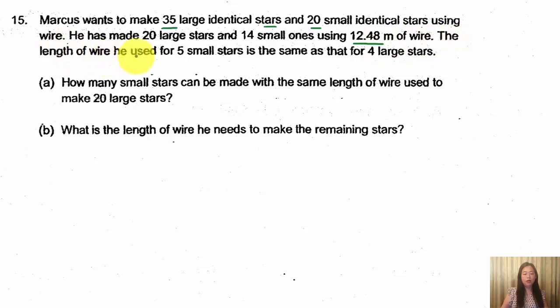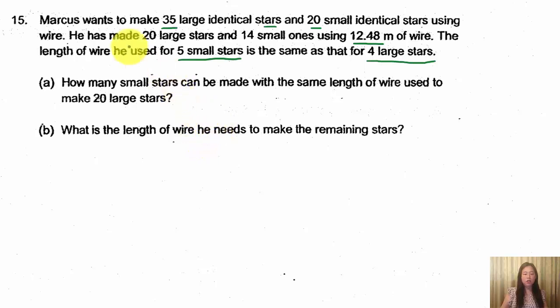The length of wire he used for the 5 small stars is the same as that of 4 large stars. A. How many small stars can be made with the same length of wire used to make 20 large stars? B. What is the length of wire he needs to make the remaining stars?